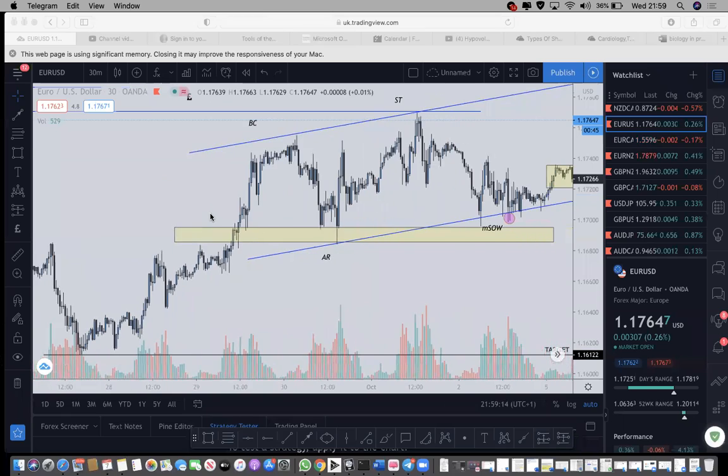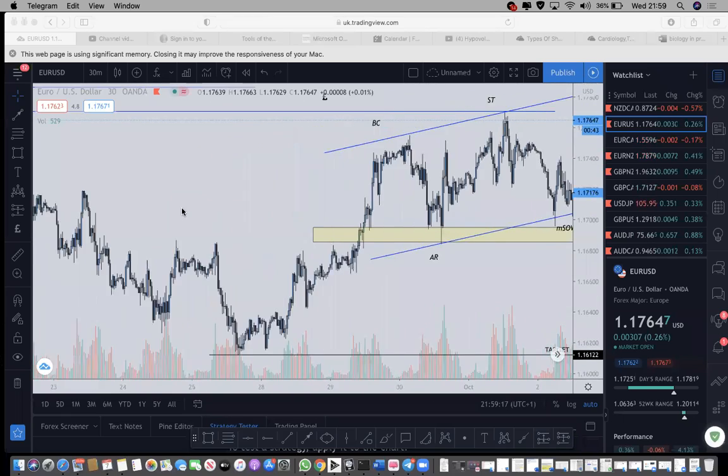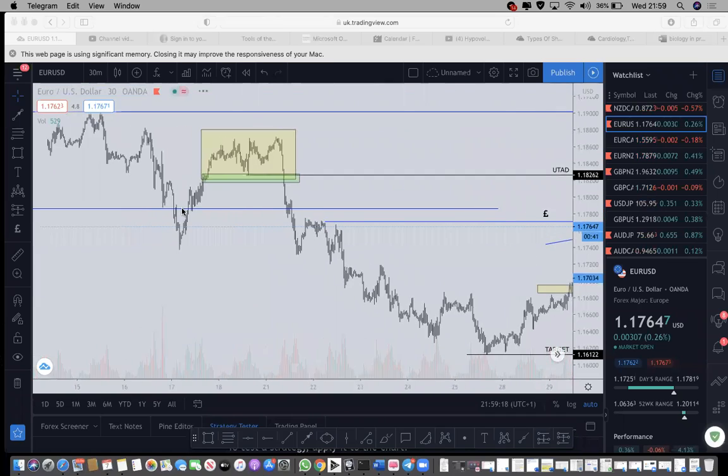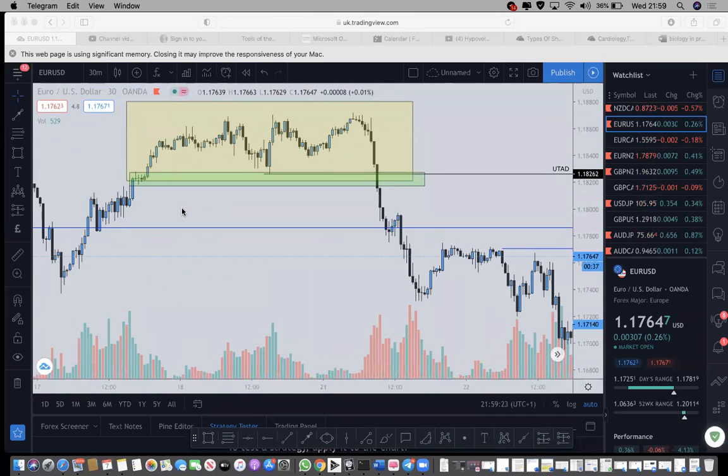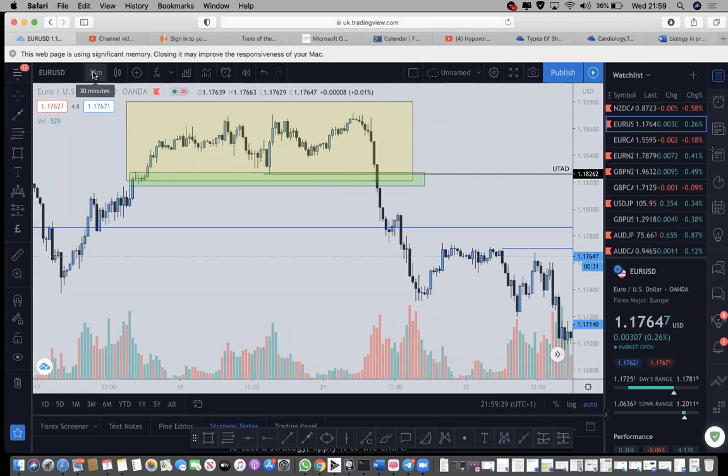So now you understand that there is something in the market called supply and demand areas, just like I said at the beginning, before even explaining what the distribution schematic was.